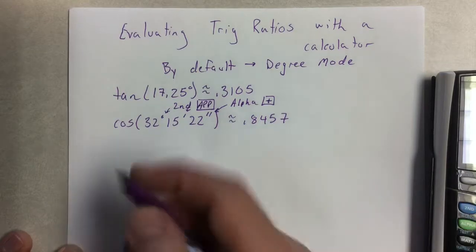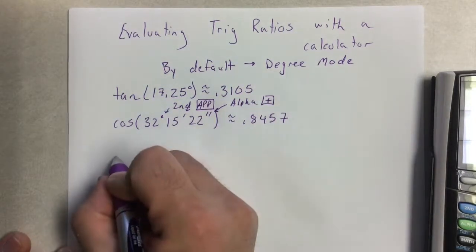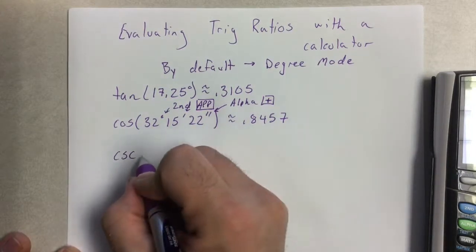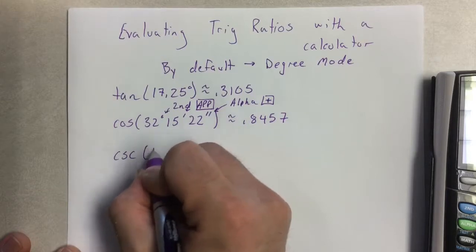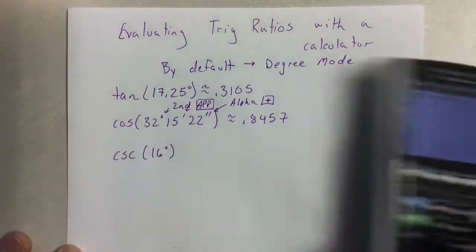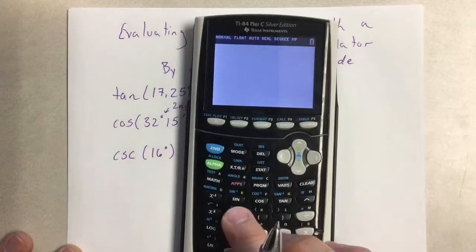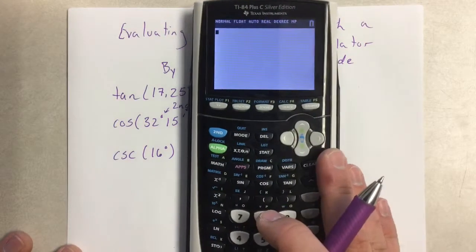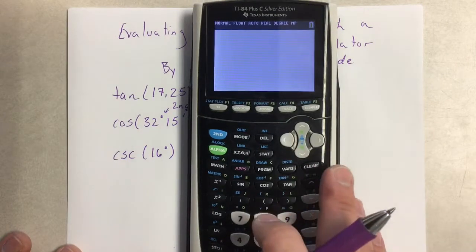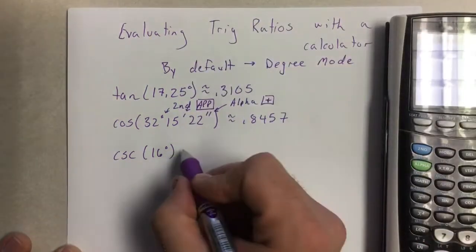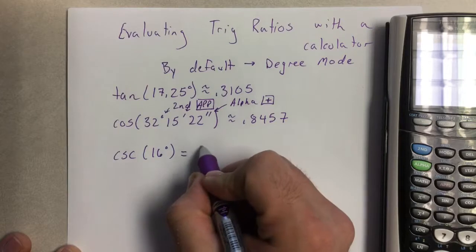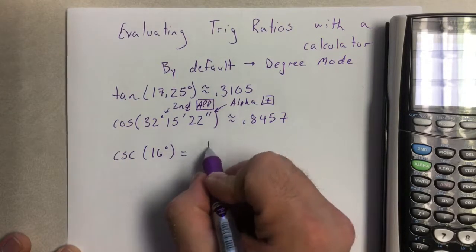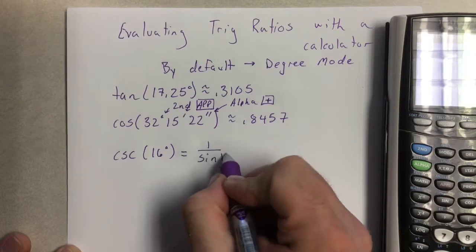Okay, so another example. Let's say you have cosecant of just 16 degrees. Well, cosecant's not here, nor do we see secant or cotangent. That's an issue. But what if I use my knowledge that this is the reciprocal of sine?